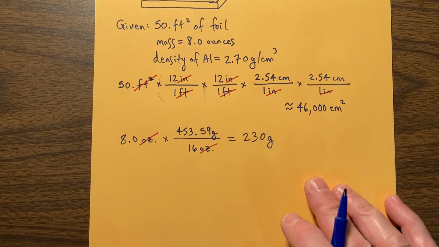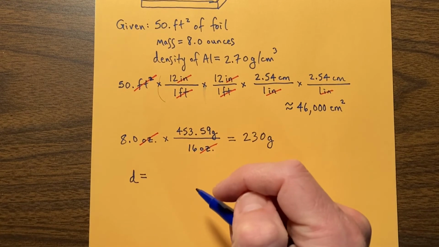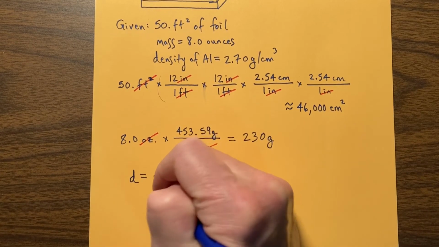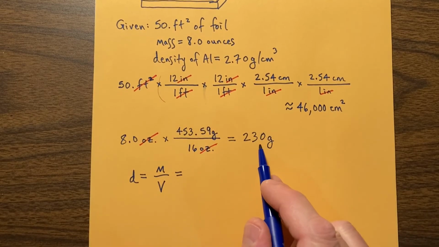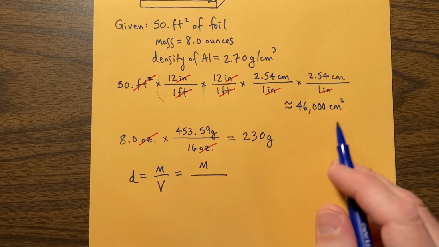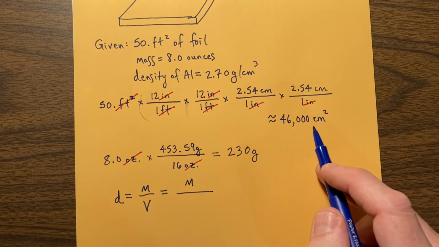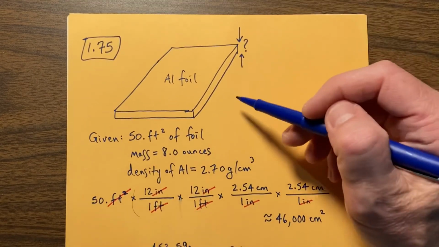Now I have to do a little bit of thinking to figure out how I'm going to get thickness. I know density. It might help to think of density in its fundamental terms. It's mass over volume. Now I know the mass, 230 grams, and I know the area of the foil, and I don't know the thickness of the foil.